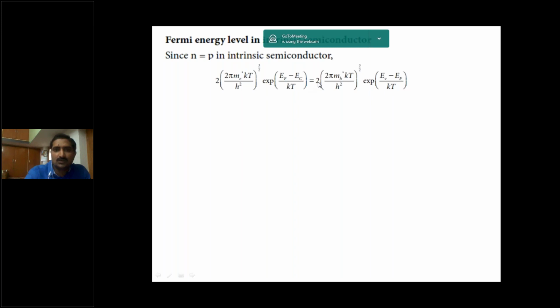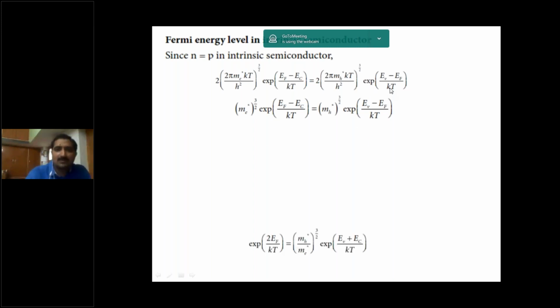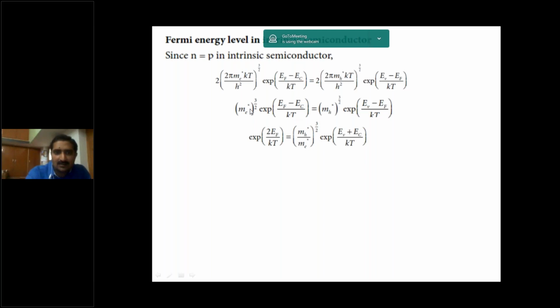So the 2 and the 2 pi kt by h square cancel from both sides. The remaining terms are me star with exponential of (Ef minus Ec) by kt, and mh star whole power 3 by 2 with the other exponential. By arranging, the mass term goes to the right hand side as (mh star by me star) whole power 3 by 2.